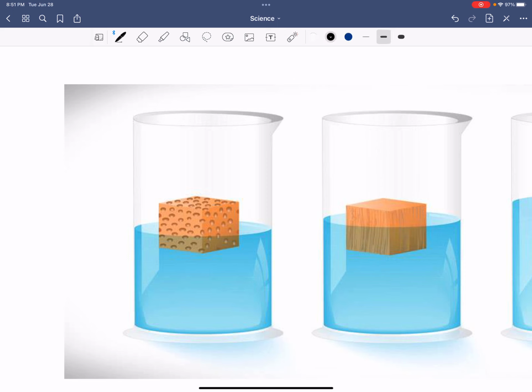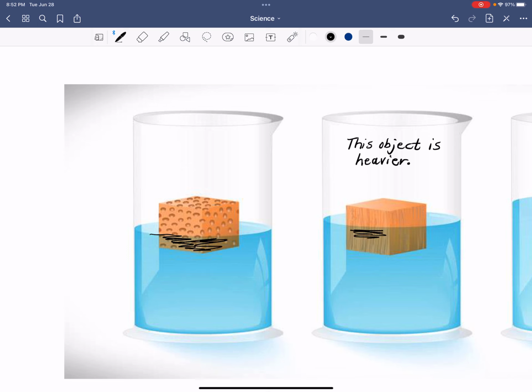I'm going to say that this object, would you say that it's heavier or lighter? It's heavier because it displaces more water. This one, here's the amount of water that's displaced.